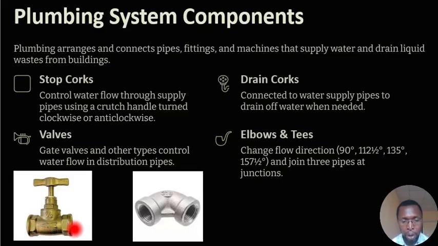Okay, pipes can be connected to the left and to the right hand side. So this cock, once it is locked, the water that is flowing through the pipe will stop flowing. Okay, so usually it is connected to pipes so that the water can be controlled.